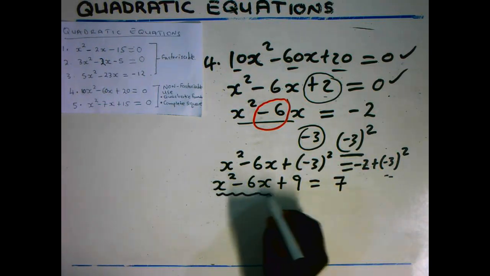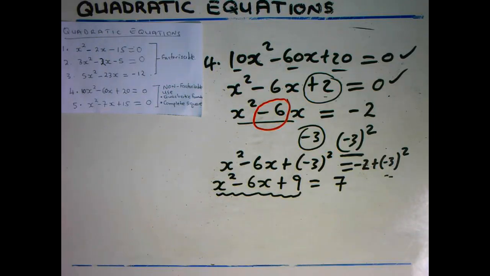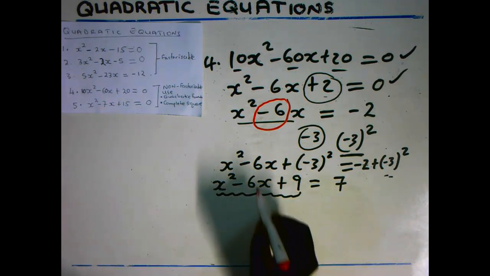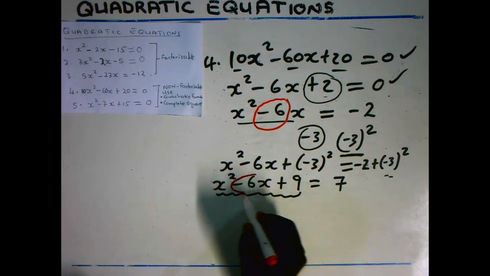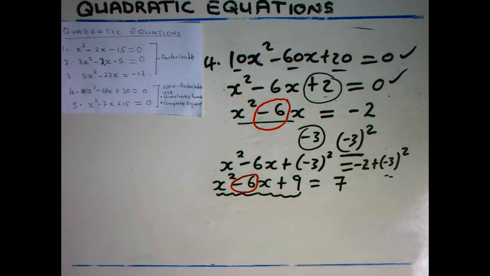Now, what do we do? Ladies and gentlemen, we are taking this from the binomial, expanding the binomial term. But I want to make your life very easy here. Once we have this term, I want you to look again at the coefficient of this one. We have minus 6.